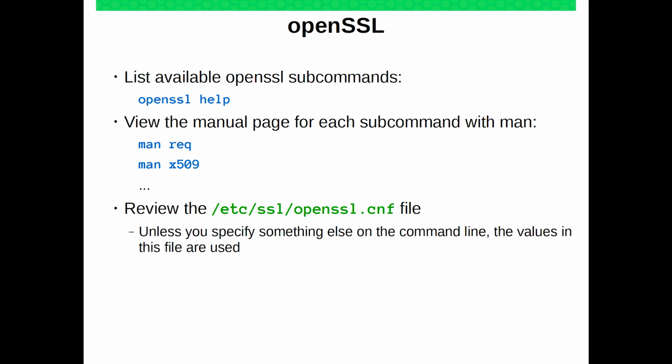So there are subcommands that can also be looked at from man pages and other things as well when working with it. The /etc/ssl/openssl.conf file is very useful for storing default values so that when you work with OpenSSL, it will autofill or pre-populate various fields and functions during the generation of keys and certificates.